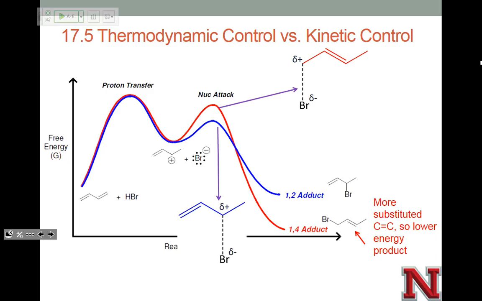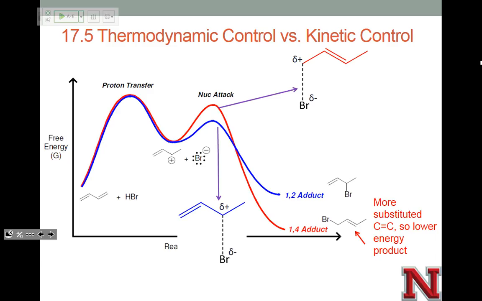When we're talking about the thermodynamic product, we're always talking about the product with the lower energy completely. So when we compare this, kinetically, this particular product is going to form. So if we keep our temperature low, then we can form this product.